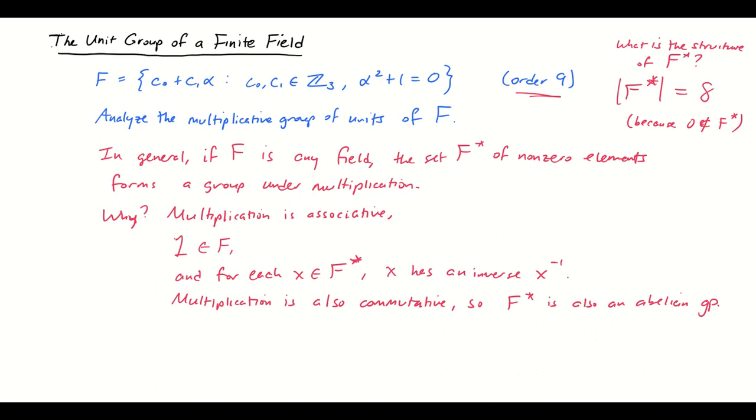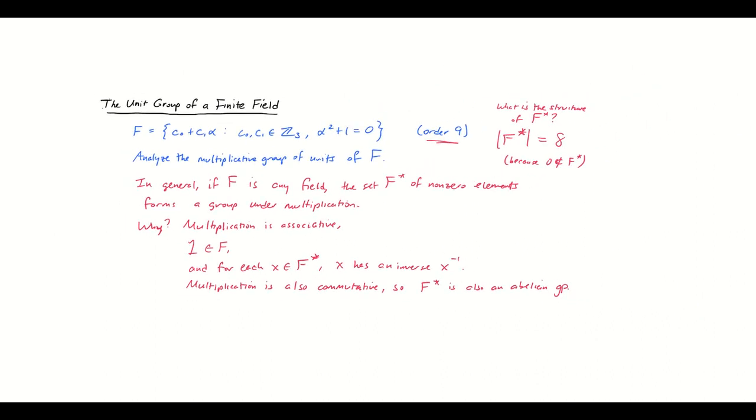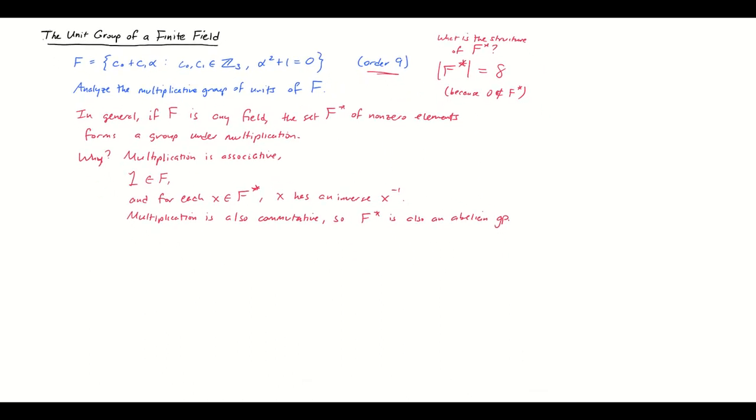All right, so let's back out here, pull that up, and let's see if we can figure out the structure of this abelian group. So just as a reminder, if we have an abelian group of order 8, there's only a few choices for what it could be. So F star has to be isomorphic to one of the following.